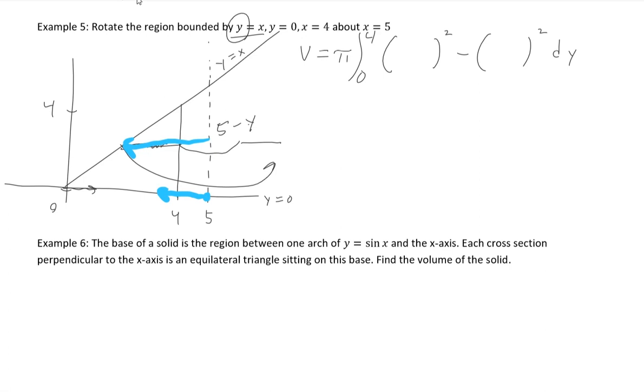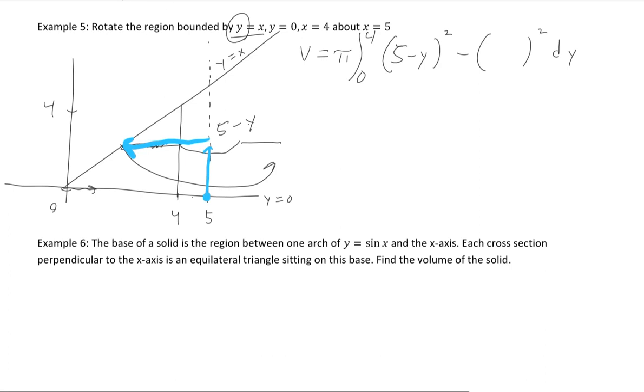Or I guess in this case it would actually be vertically. How far away am I from the axis of rotation that I'm curving around? So I'm a distance of 5 minus y. So that should give me 5 minus y for my first radius.